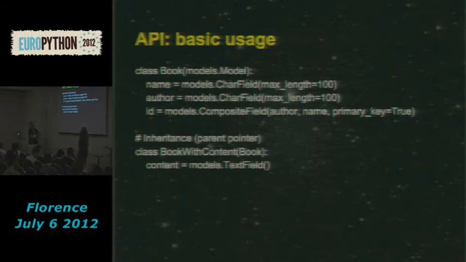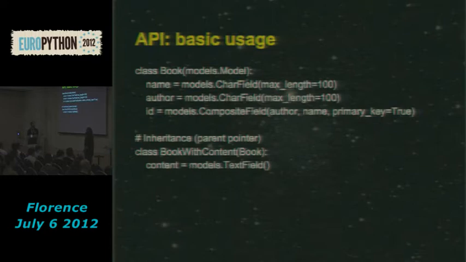The first example is a fairly basic one. You have two model fields, name and author. These are just regular character fields, and to turn them into a primary key, you create a composite field. You tell it author and name are wrapped by it, and the composite field is the primary key.